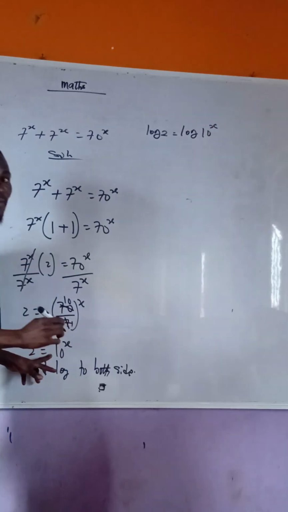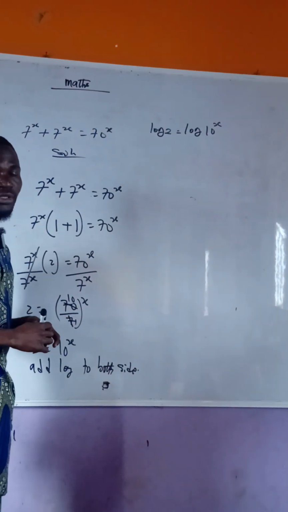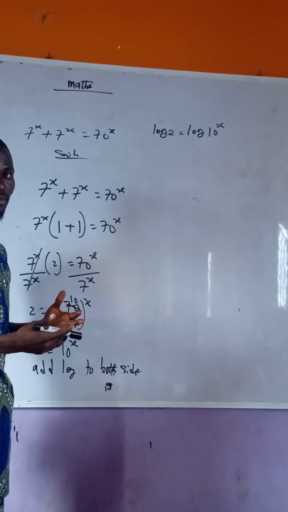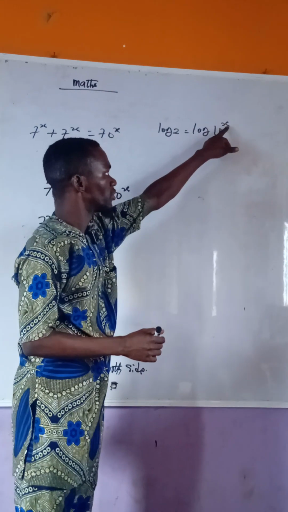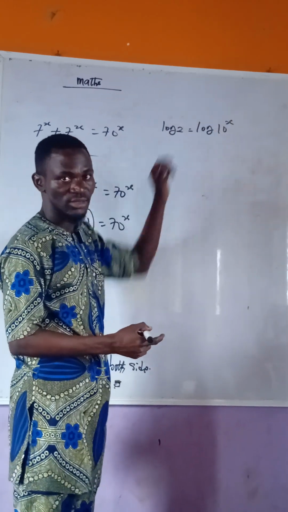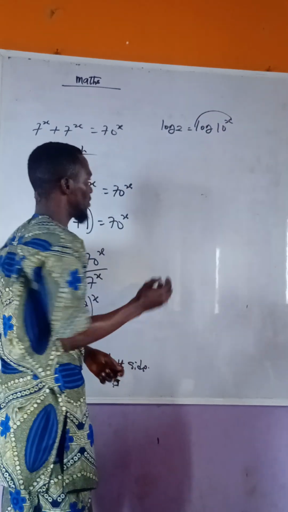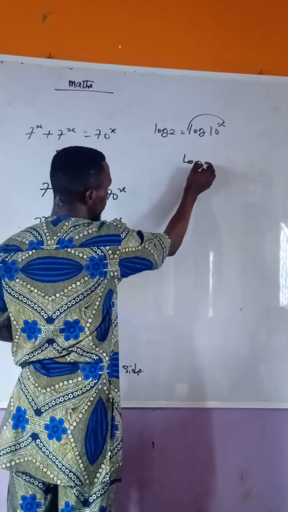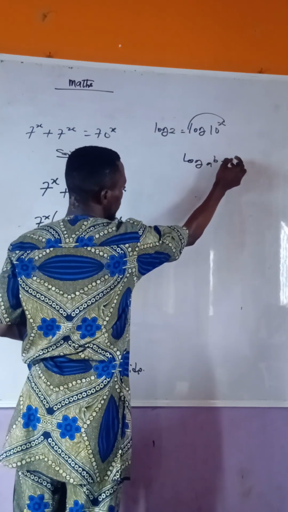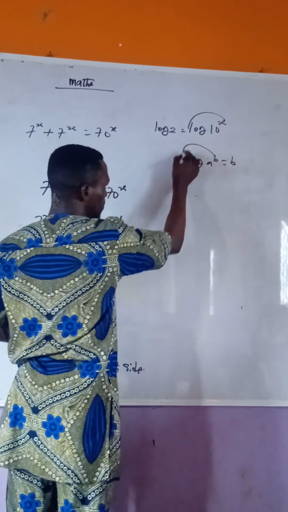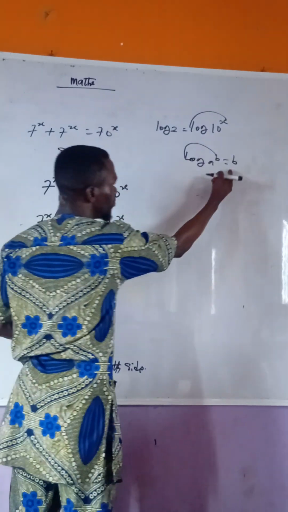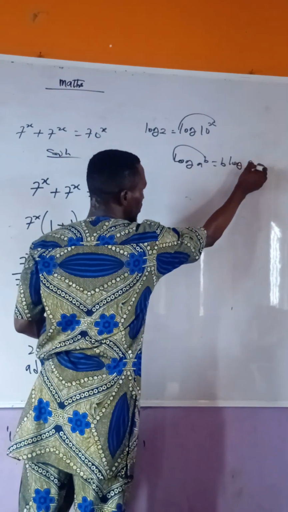Now after doing that, we are going to apply one of the theories of logarithm, which says that this power changes to a coefficient, right? So this will come to the front like this. When we have log a raised to the power of b, it means that this b comes to the front and becomes b log a.